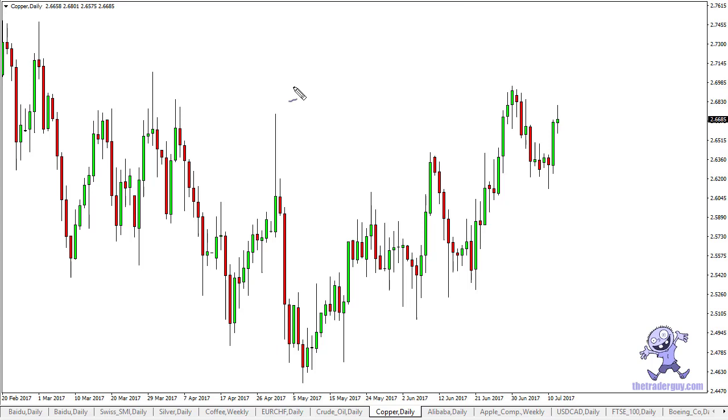This is where the psychology of the candlestick comes in. You always have to ask yourself, what would I do in this situation? If you are a buyer of copper here, and you see this market going against you, and it is now below the lows of that day, well, you are losing money.